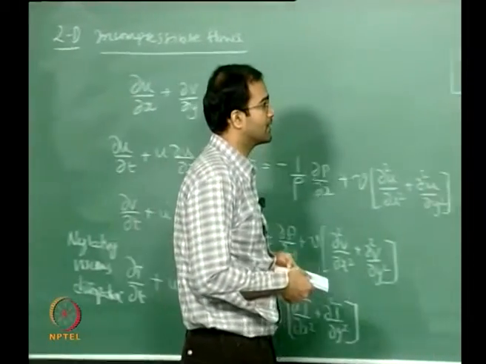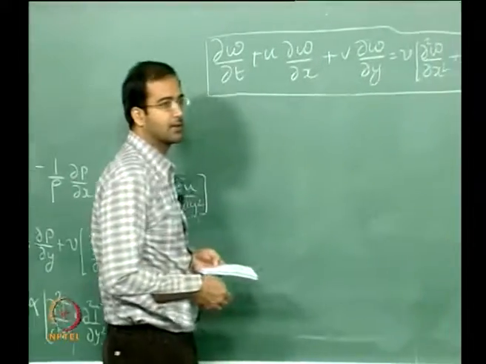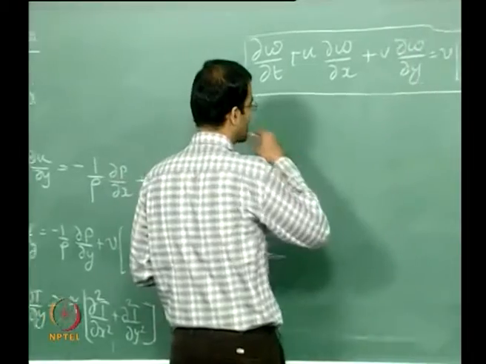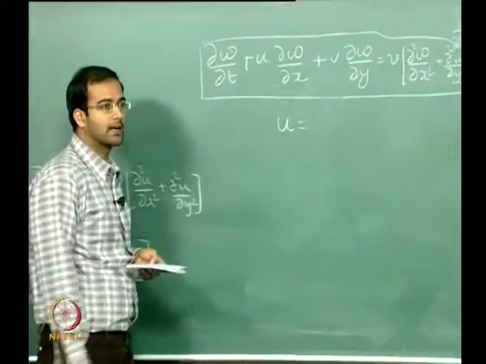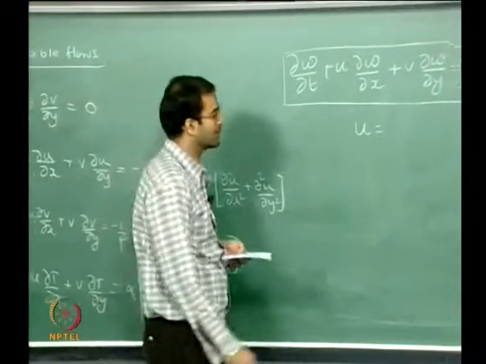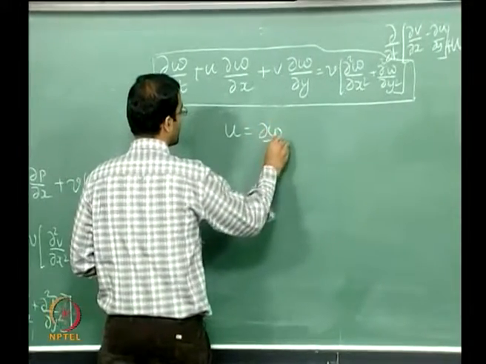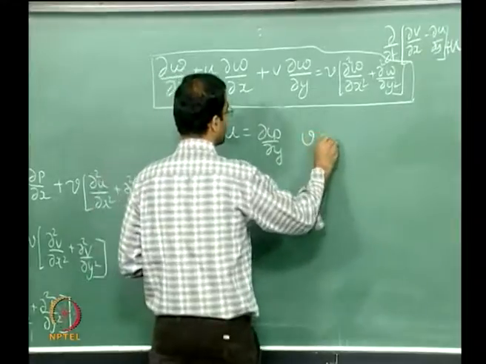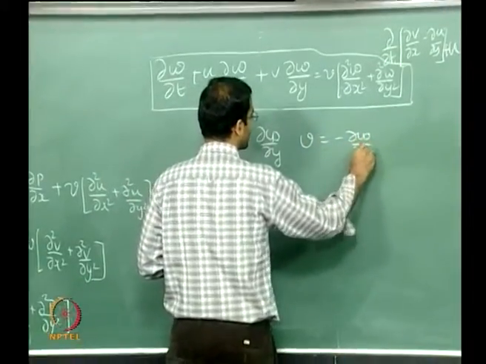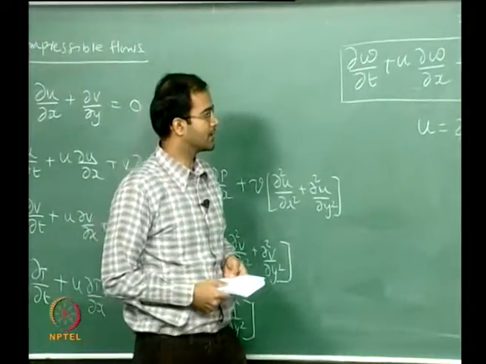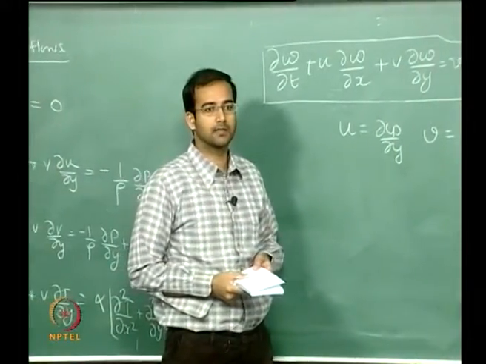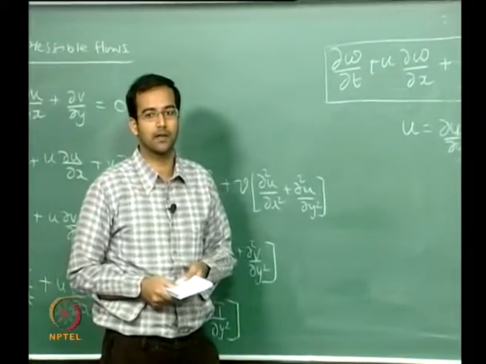So what is that function which does it? That's the stream function. So from the stream function you can calculate your velocities. For example, u is related to your stream function as d psi by dy, and v is minus d psi by dx. So naturally you can see that du by dx plus dv by dy will be 0. So the stream function is automatically satisfying continuity.